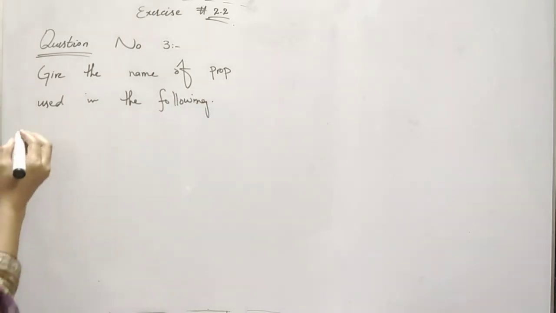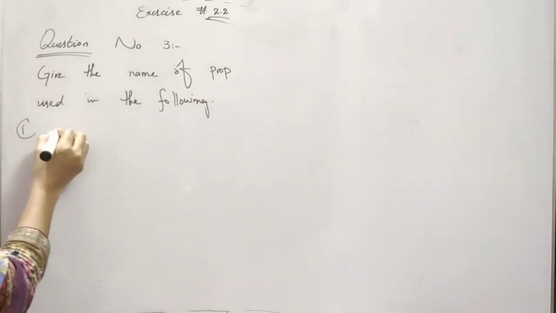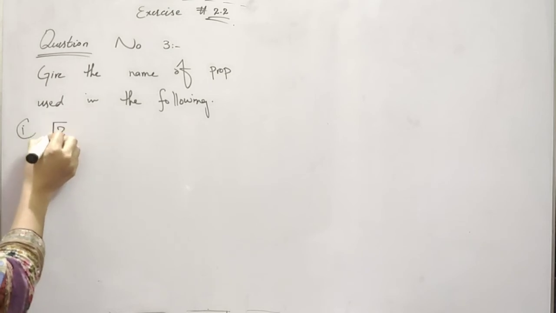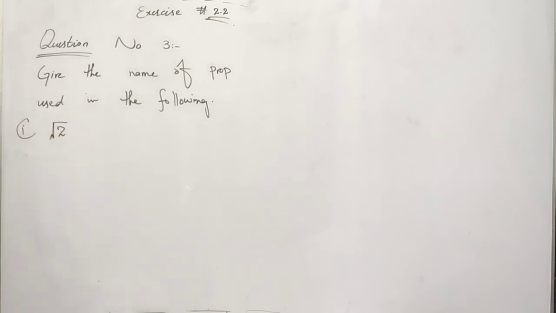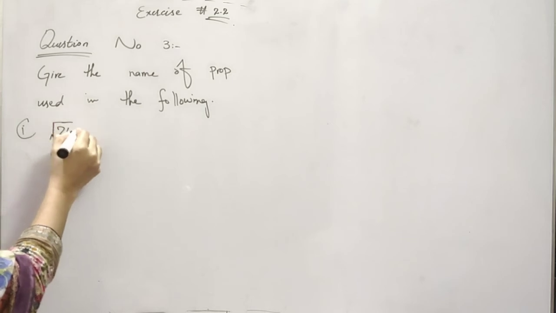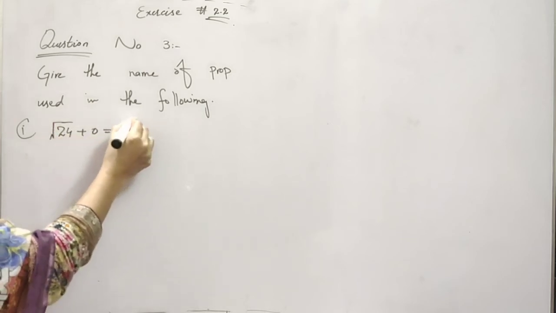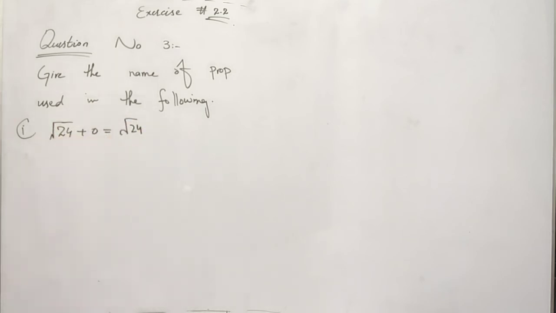Okay, and the first part is square root 24 plus 0 is equal to square root 24.